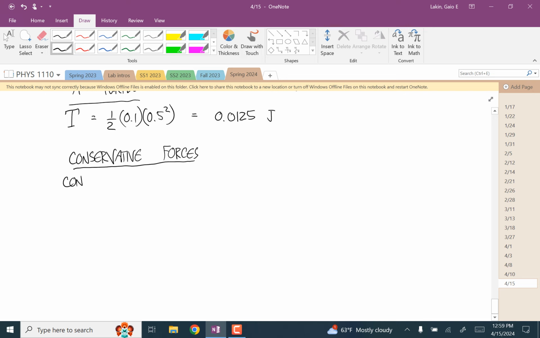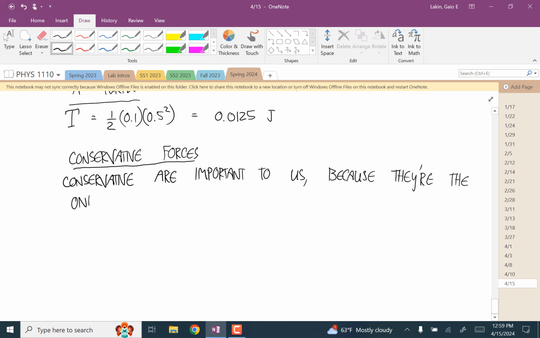Conservative forces are important to us because they're the only type of force with potential energy.